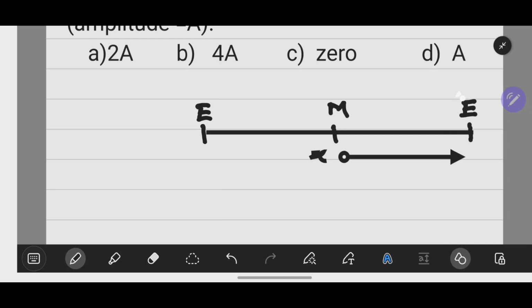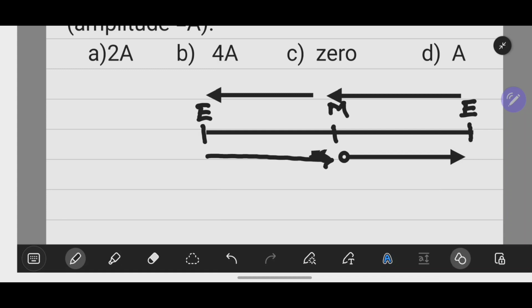Again it goes from extreme to mean, and this is the distance covered. Again from mean to extreme it covers this much distance. Again from extreme to mean, it will cover this distance.